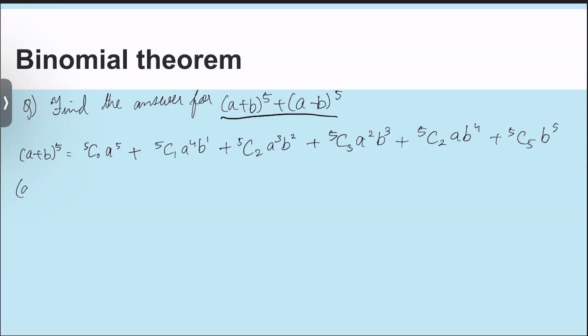Now let's find a minus b the whole raised to 5. Okay, so now over here only the sign changes. All the terms are going to be the same.